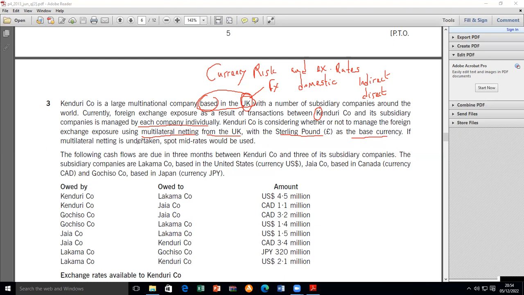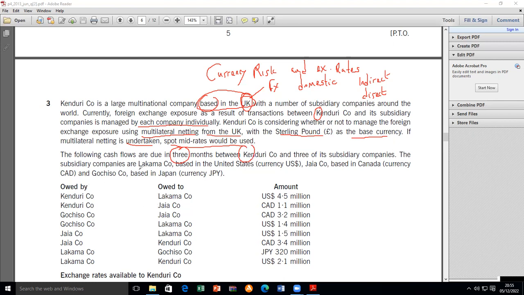If multilateral netting is undertaken, spot mid rates would be used. That's not an issue for today. The following cash flows are due in 3 months between K and 3 of its subsidiary companies.